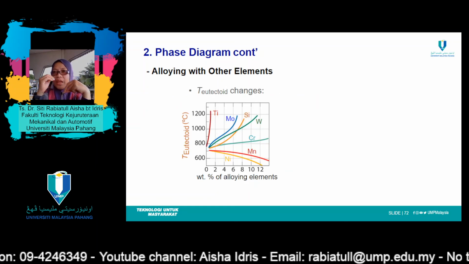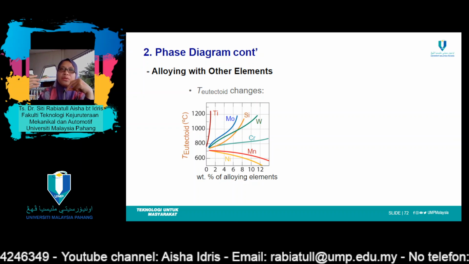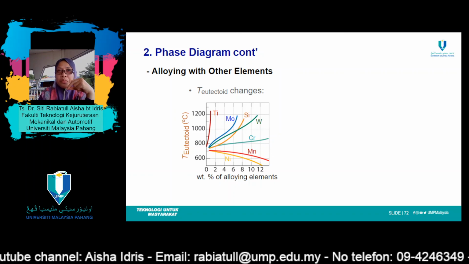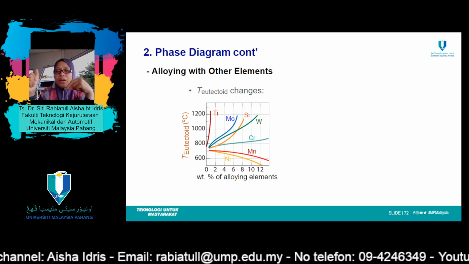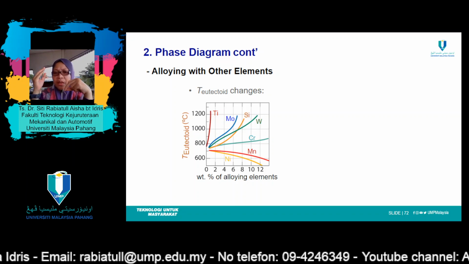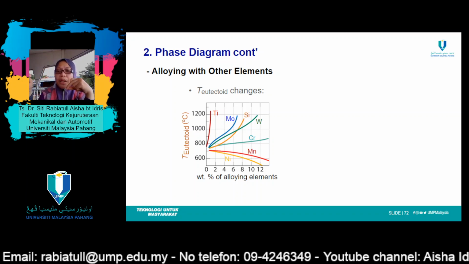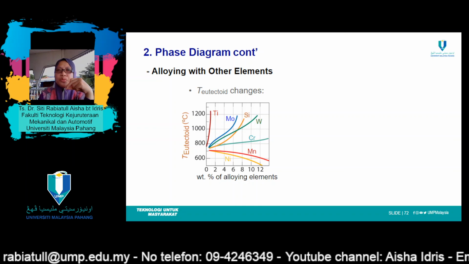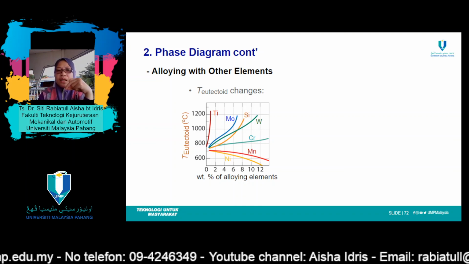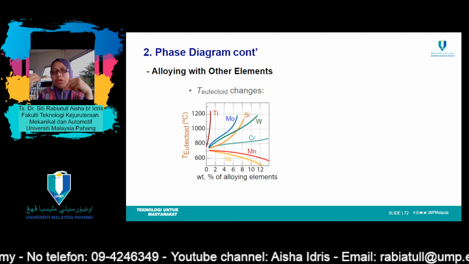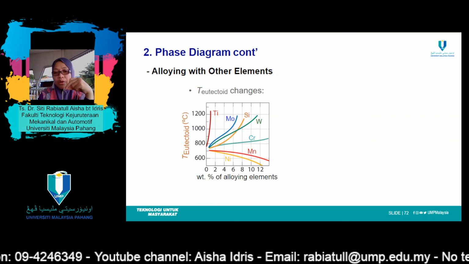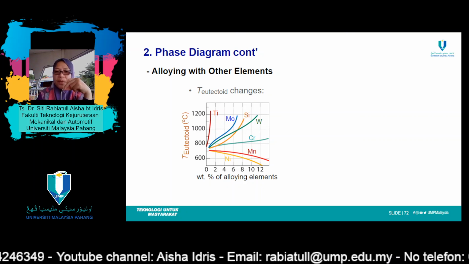So that is the overall part on the phase diagram, especially for the iron carbon phase diagram. And you see, this phase diagram may change due to additional elements, which are known as alloying elements, alloyed with other elements in the original alloys. What will change?